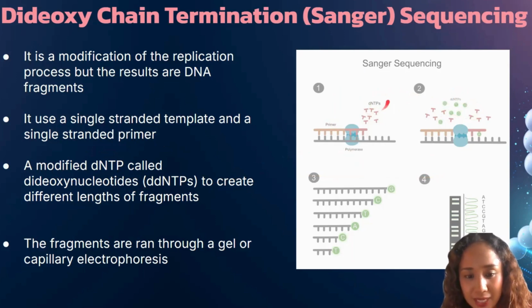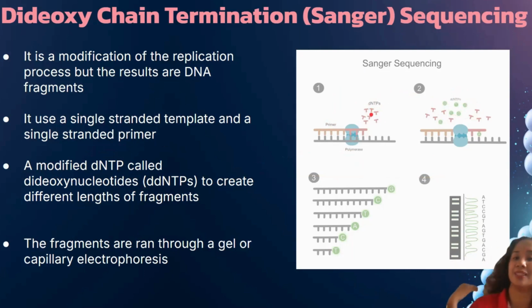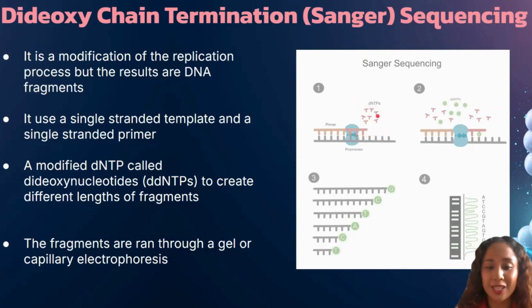I don't know if you remember dNTPs. The dNTPs in our PCR, deoxynucleotide triphosphates, are the building blocks of our new strand. These are the building blocks to create new strands for our PCR.